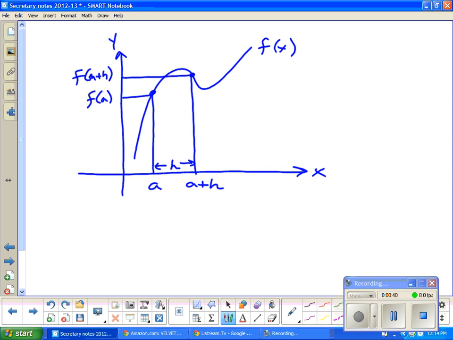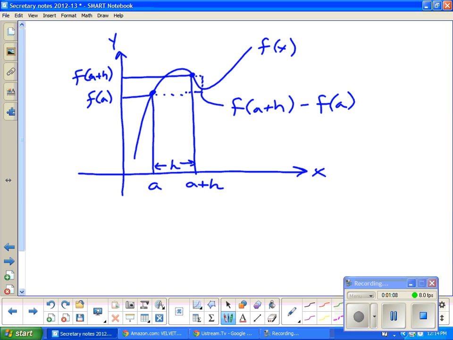And what's our vertical rise between the points? Again, this would be a tangent or secant line.